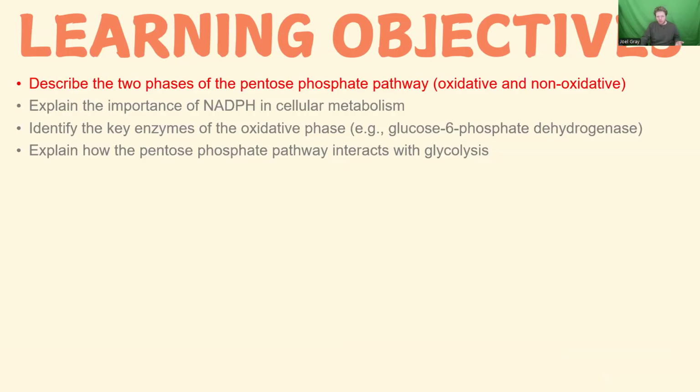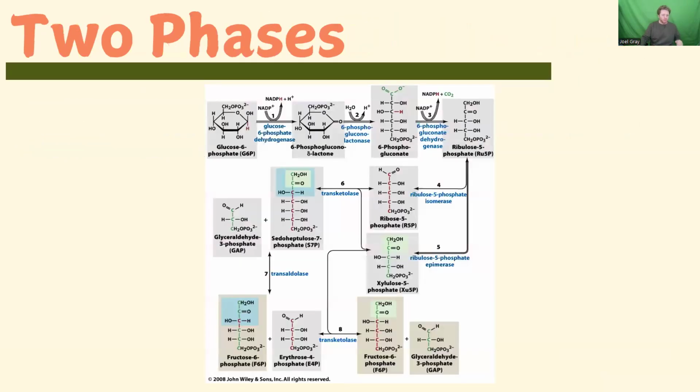So, the first learning objective is looking at this pathway globally and then looking at the two phases. One thing that I think is really important to recognize about this pathway is where do you start? We start in this upper left-hand corner right here with none other than glucose 6 phosphate.